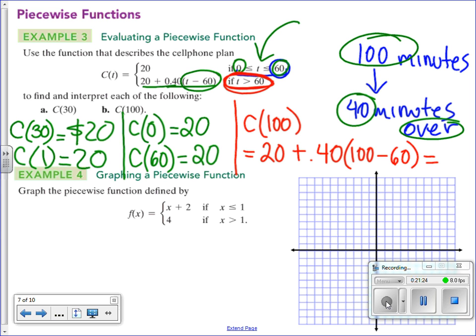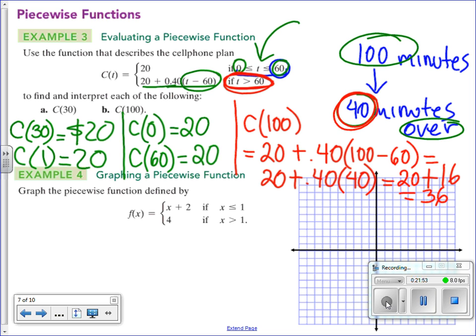And then we know that 100 minus 60 is 40. Remember, that was the answer that Sean gave me. And then if we multiply that, it's 16. So 20 plus 16 is 36. Okay, so which one is cheaper, Chris?